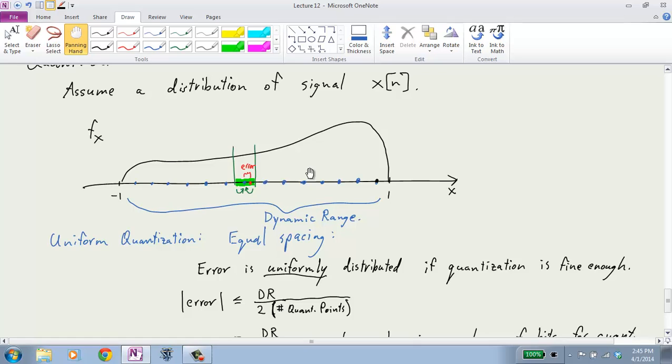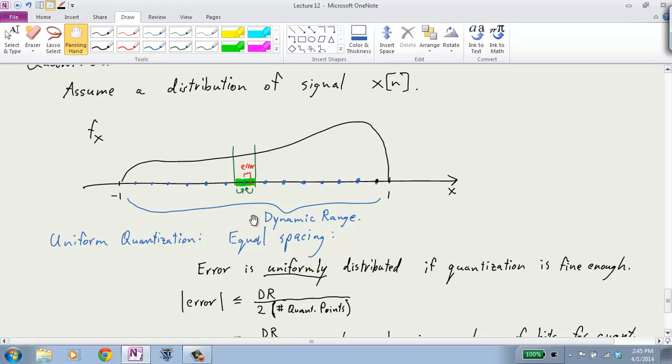Absolutely. So you mentioned that over here our signal is concentrated, so we should be using more of our resources, our quantization points, over here.